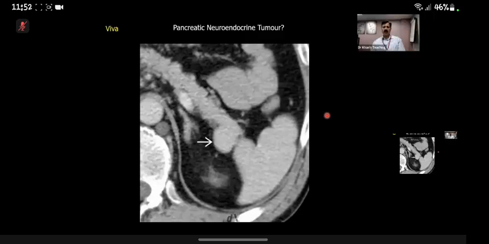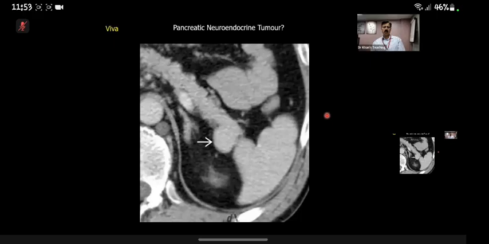There is another scenario which I'll show you in the next slide, which has come in the exam more commonly. The point to remember is that on all sequences, the enhancement pattern will be equal to spleen. So nowadays, if somebody has reported it like this on a CT scan, just to confirm it, we do an MR. It's as simple as that.